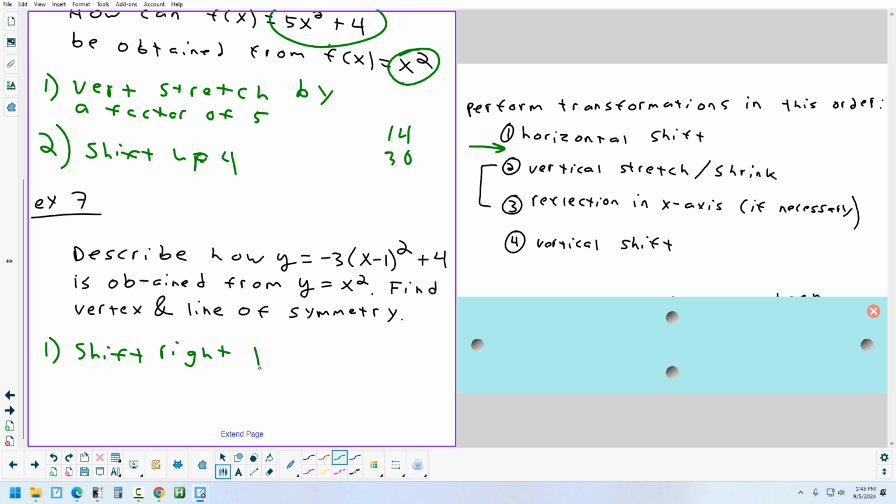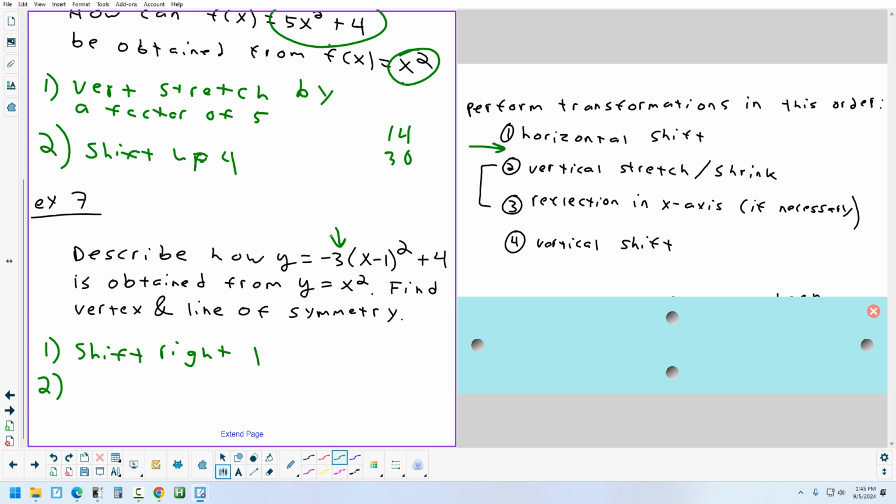Okay, next one, vertical stretch or shrink. Kyle, what number there is going to be the vertical stretch or shrink? -1. Already used the -1. That's shifting right 1. 3. The 3. Yep. How do we describe the vertical stretch when there's a 3 here?